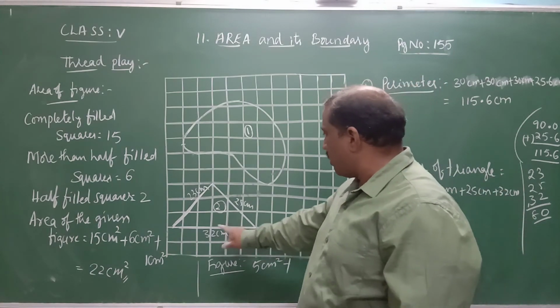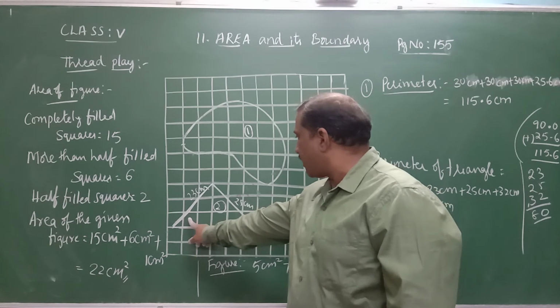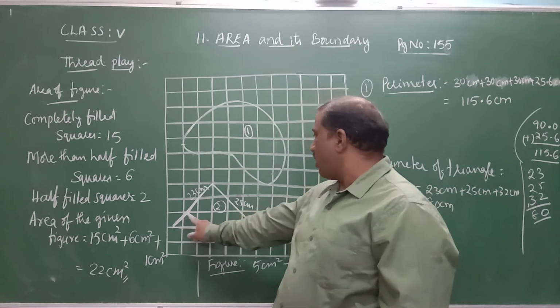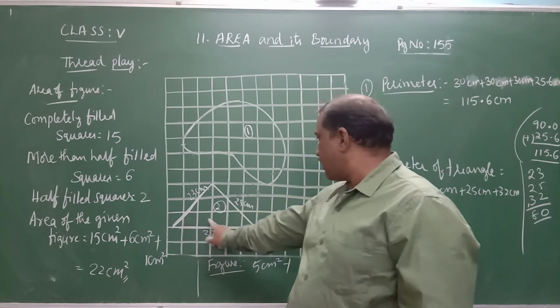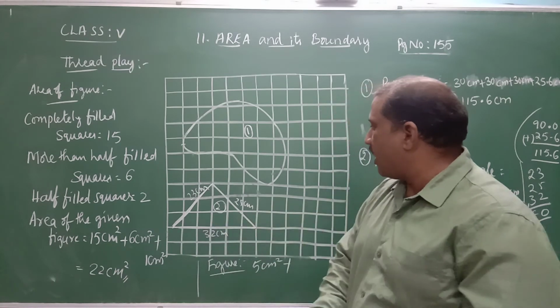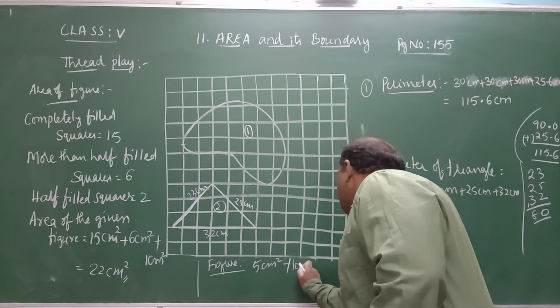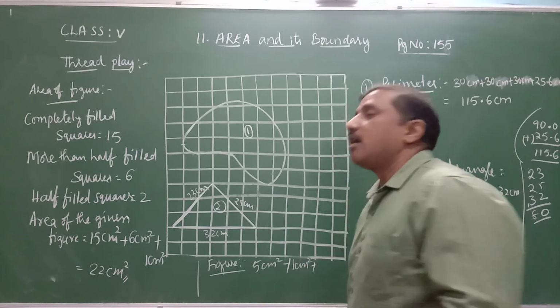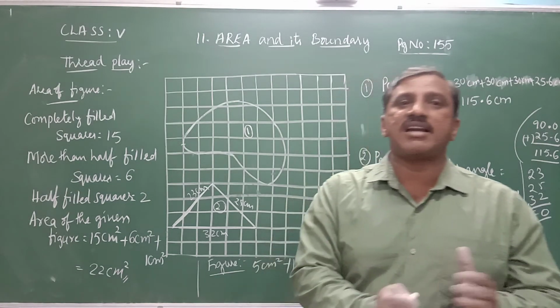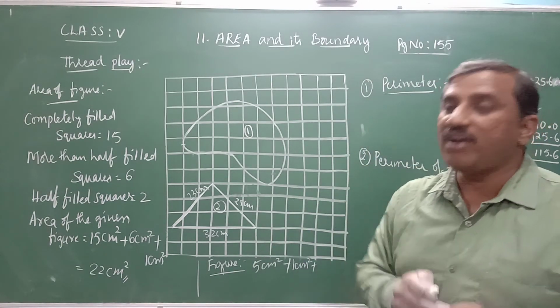This is one, more than half filled. We have one square here. Then you find any other? No, only one square. Therefore it is 1 centimeter square. That is, more than half filled we will also treat as one completely filled square.